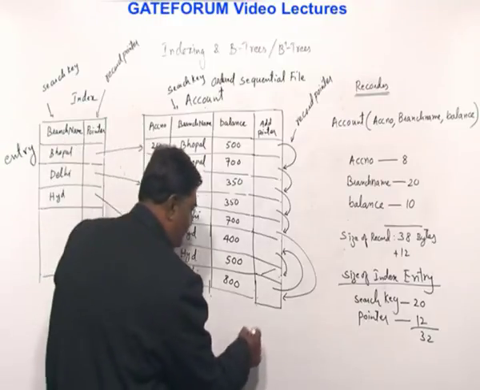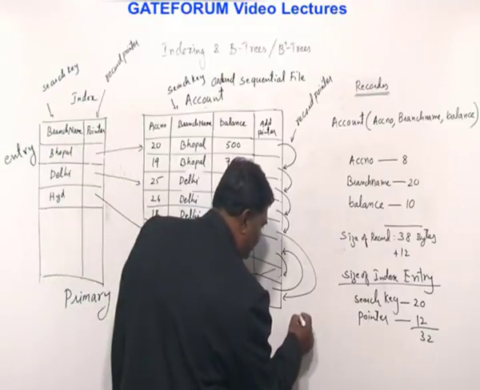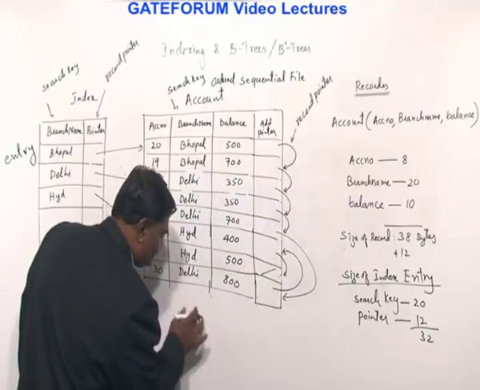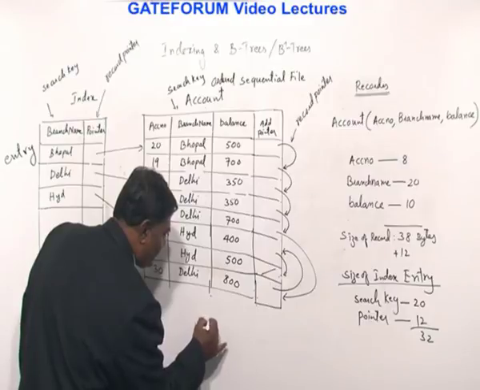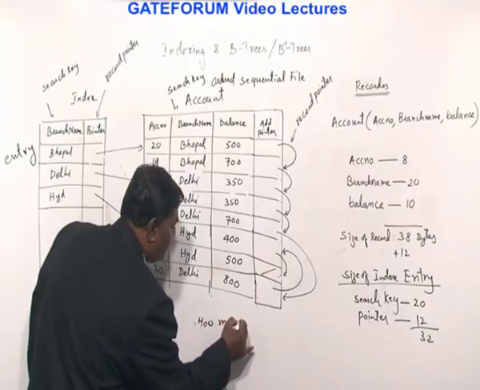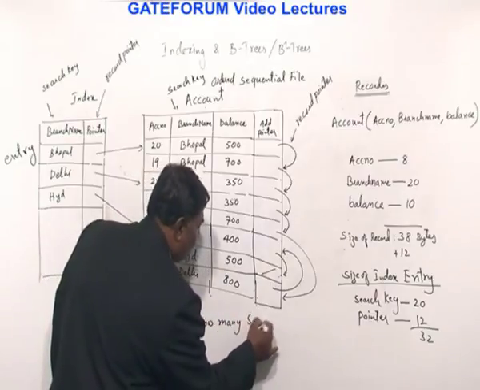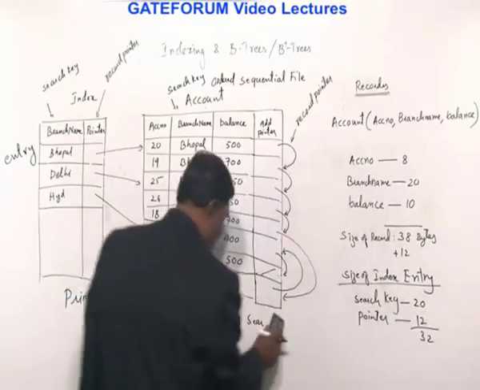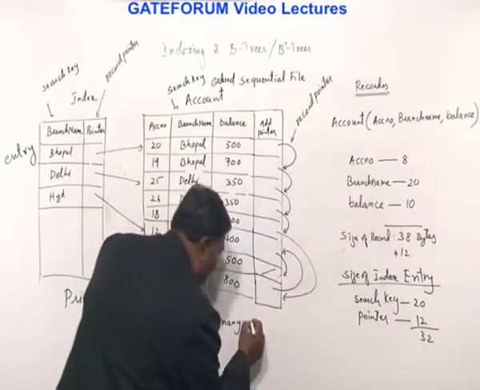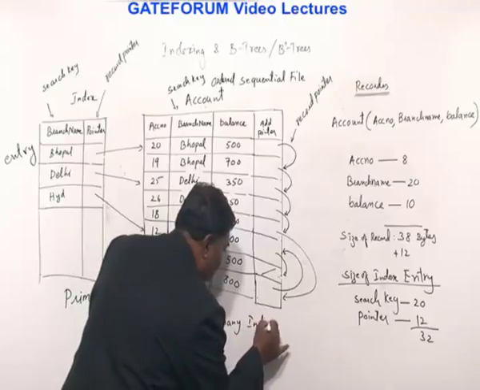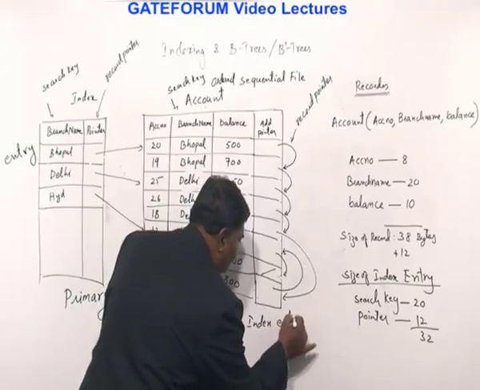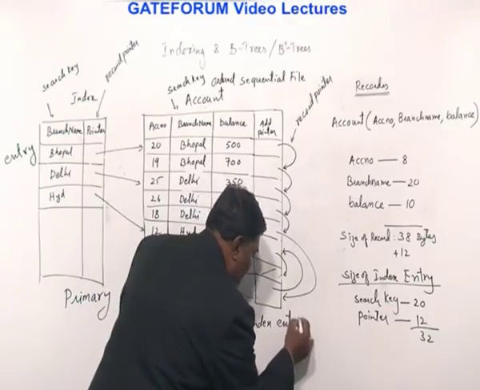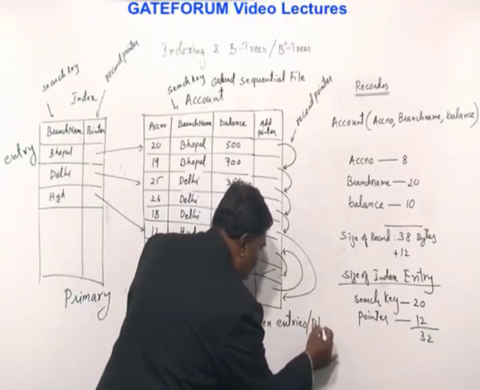Now, in a particular block, how many index entries per block?